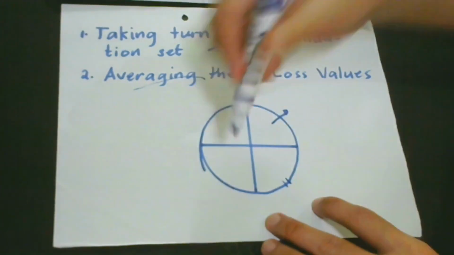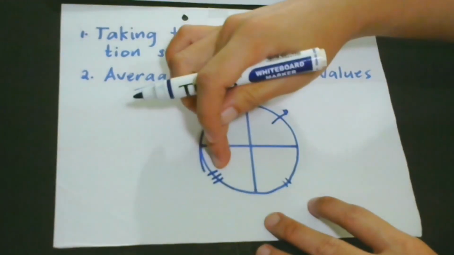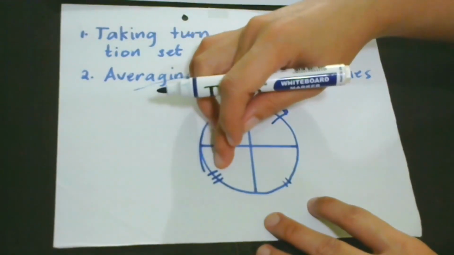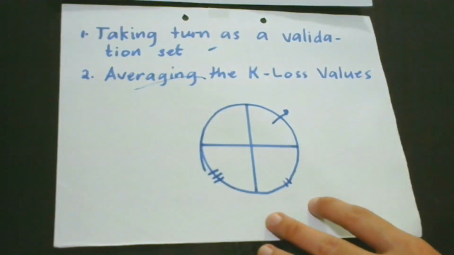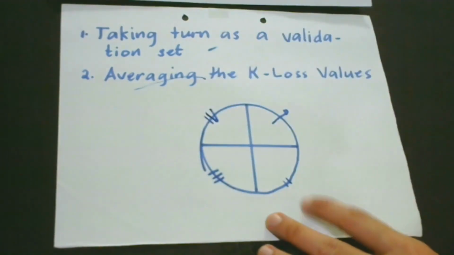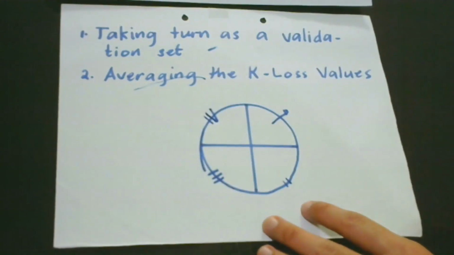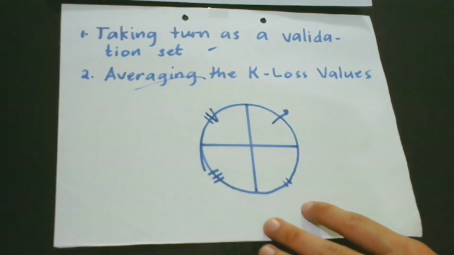For the third step, this part would become our validation set, and the other parts would be our training set. And lastly, this part would be our validation set, and the remaining parts would comprise our training set.